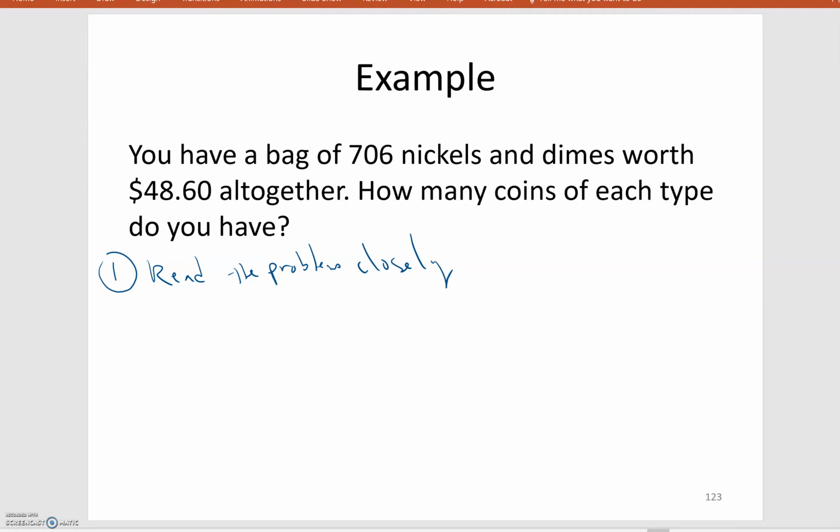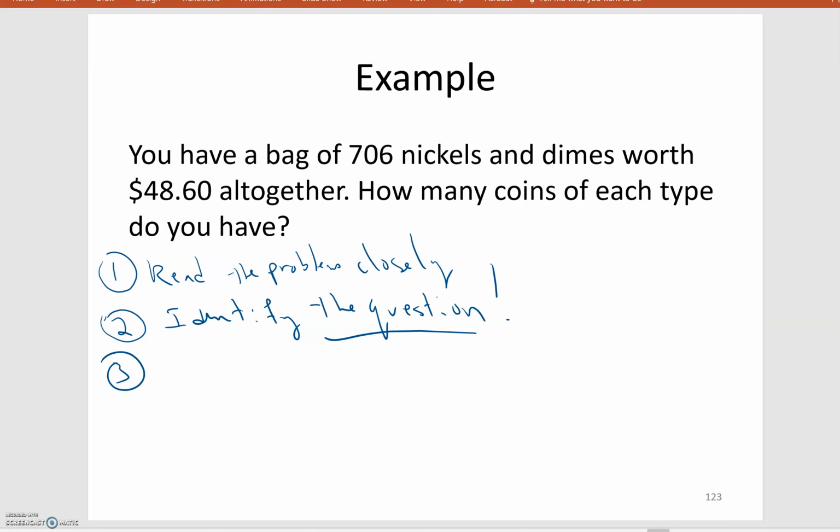And what do we mean by that? Well, when I say read the problem closely, part of that is to identify the question. What is the question? That's the most important thing, because if you identify the question, then you can name the unknowns.